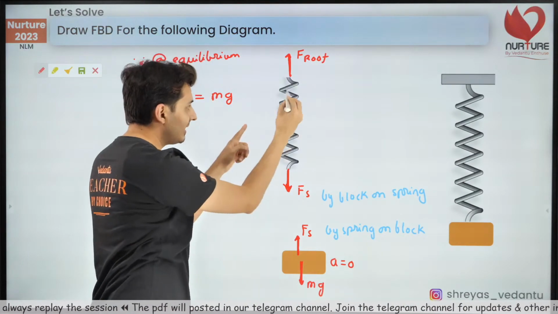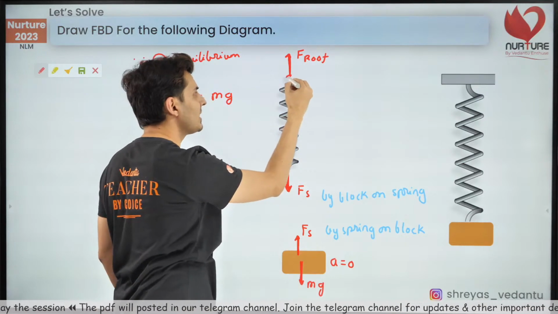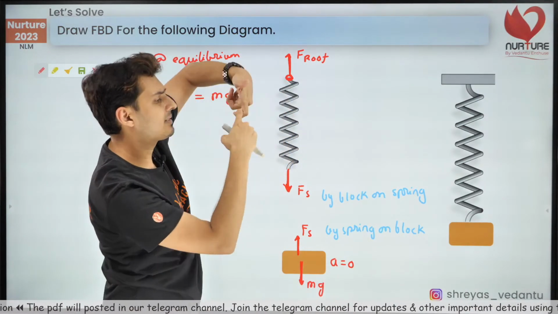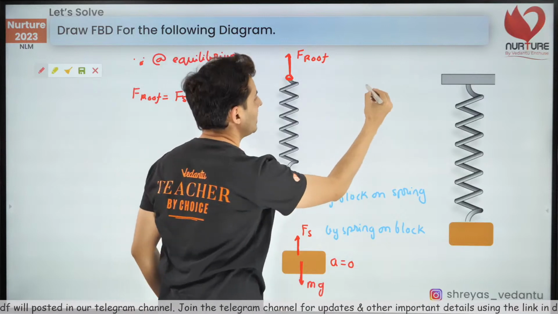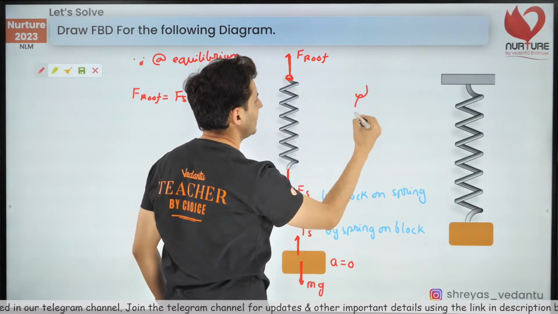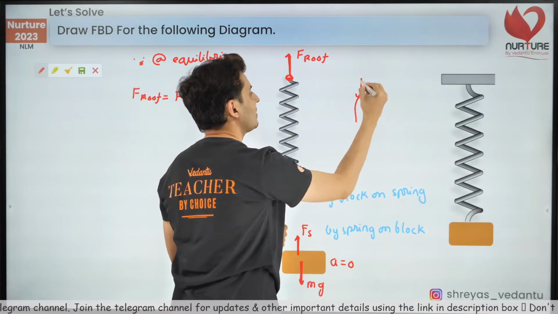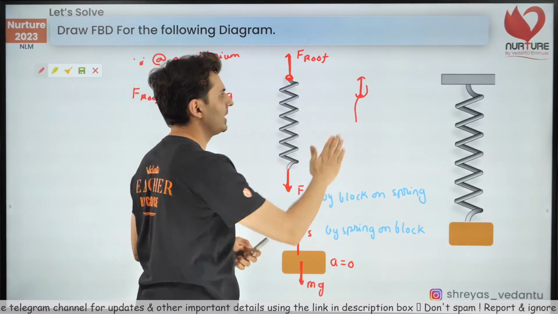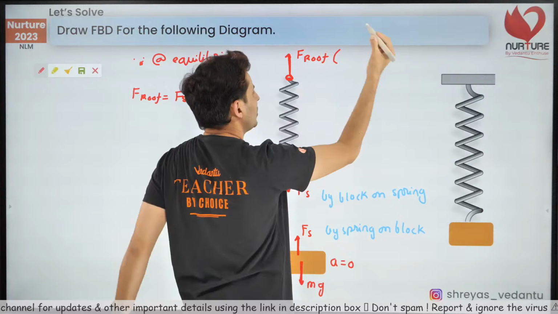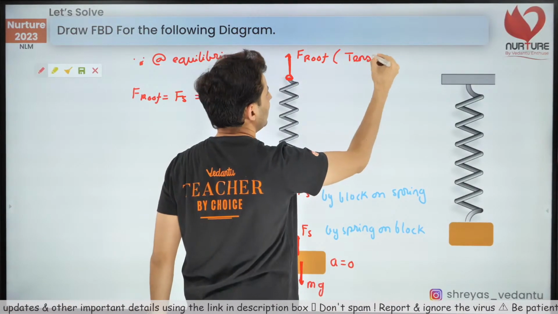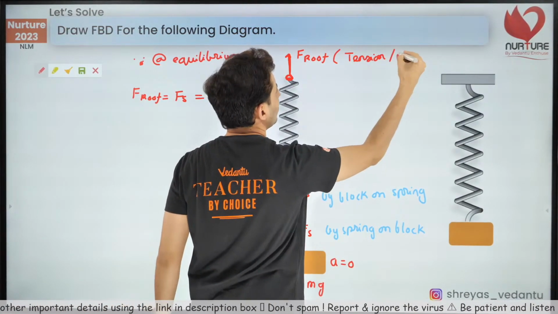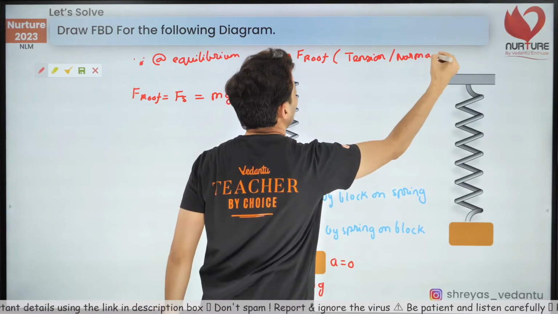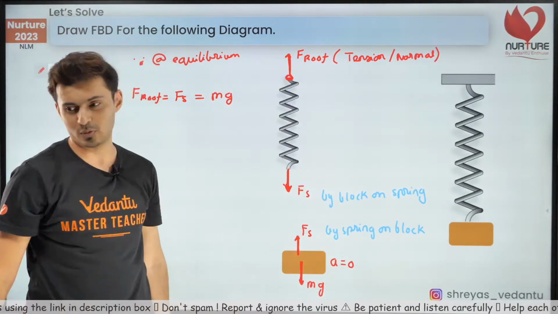Yes, there is tension in the spring, but wherever the spring is attached, there might be a hook or something like that, where surfaces are in contact and it is being pulled by that force by the roof. That force by the roof could be tension, it could be anything, guys. Or you can also call it the normal, depending on how it is attached to the roof.